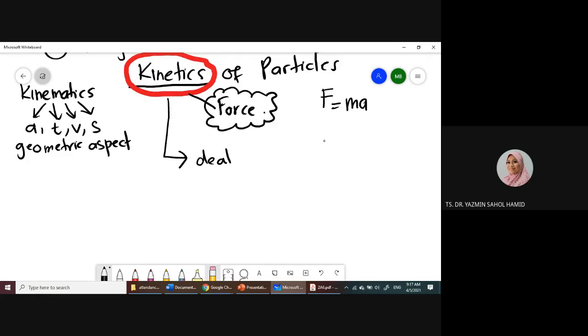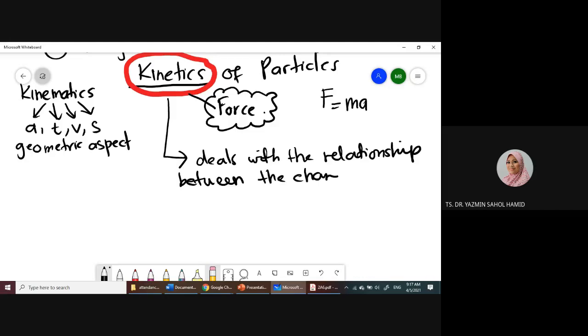Kinetics deals with the relationship between the change in motion of a body and the forces that cause this change.